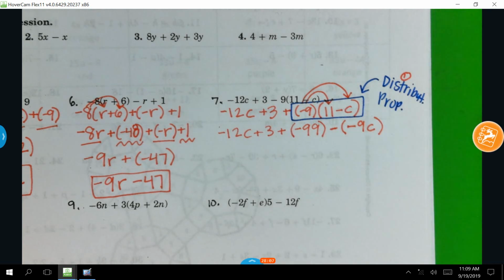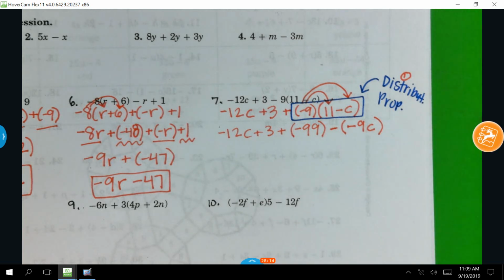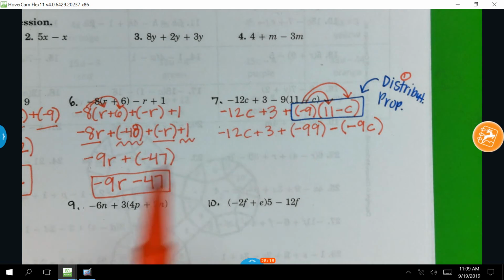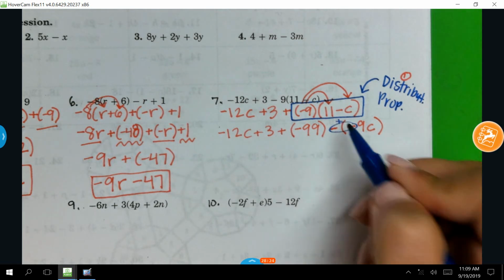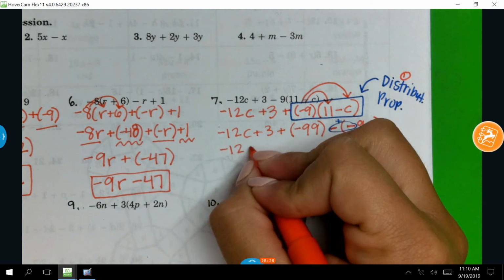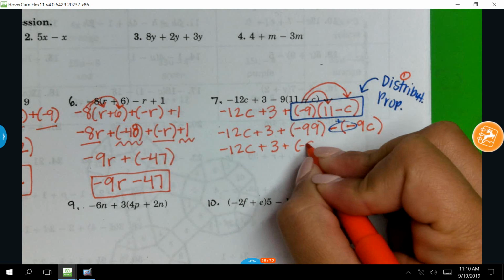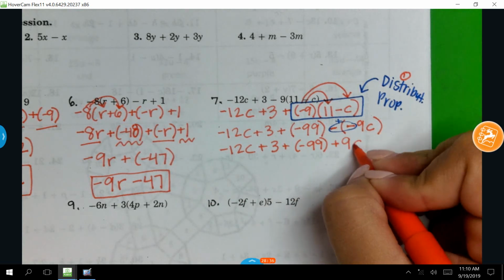Negative 9c. Okay. Can I do something with those two negatives? Yes. Yeah. Those two can turn to a plus. So now I have the problem: negative 12c plus 3 plus negative 99 plus 9c.